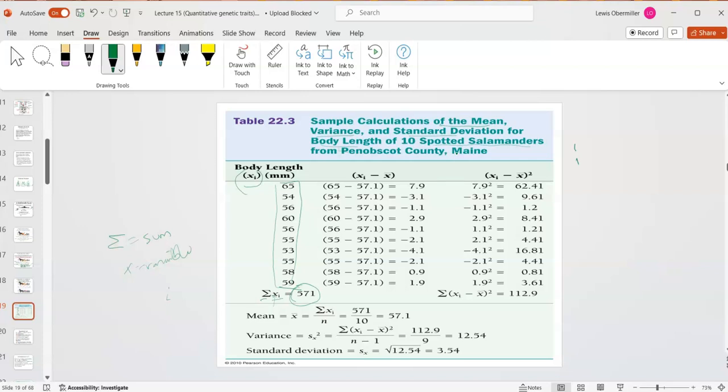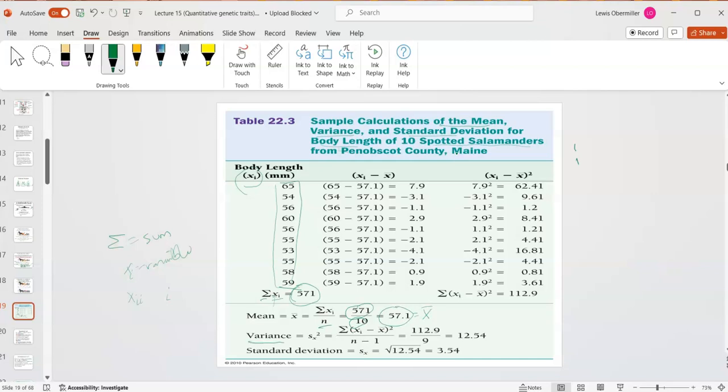So that's just that variable. X sub i is just designating it as i versus x1, x2, or whatever. Just like alleles, right? So we put allele 1, A1, A2, A3, and so on. Okay, so we take 571, we divide it by n, the total number of salamanders, and this is our mean, right? This is the mean.